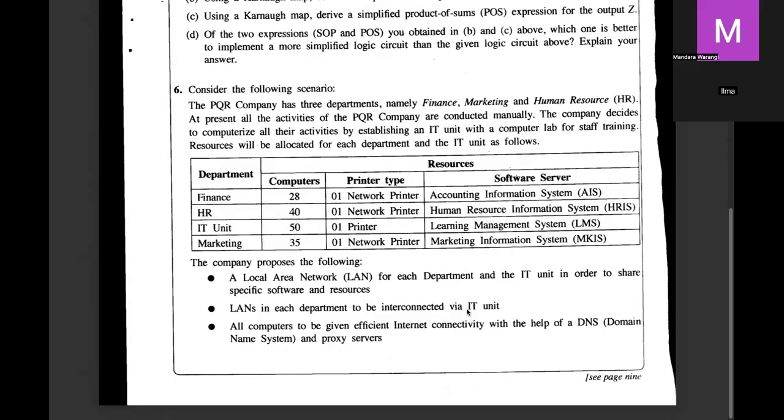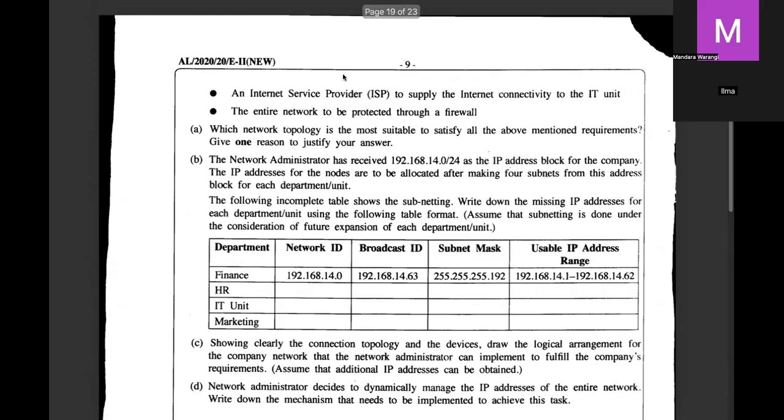These specific LANs should be interconnected. All computers are to be given efficient internet connectivity with the help of a DNS and a proxy server. An internet service provider supplies the internet connection to the IT unit, and the entire network is to be protected through a firewall. Which network topology is the most suitable to satisfy all the above mentioned requirements?